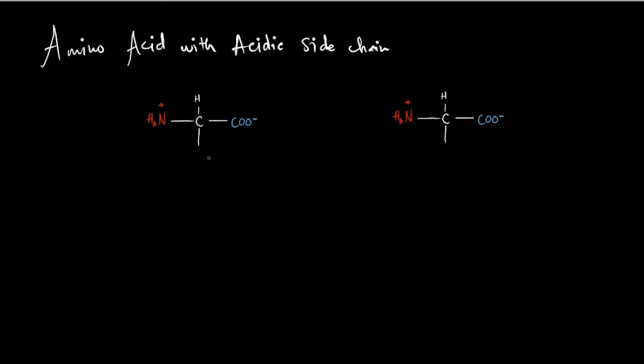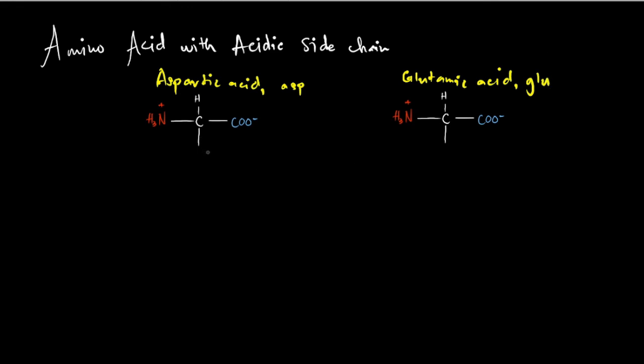We have here the aspartic acid, and it is actually abbreviated as ASP. And we also have our glutamic acid, and that glutamic acid is abbreviated as GLU.